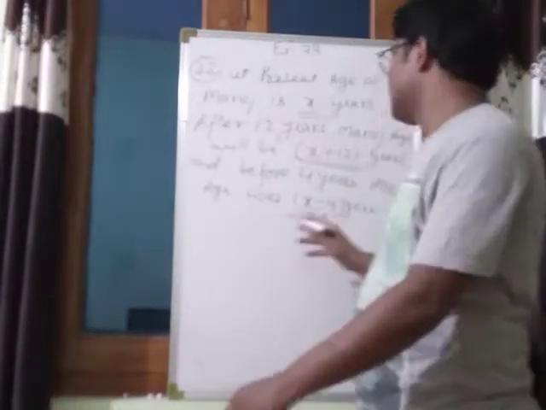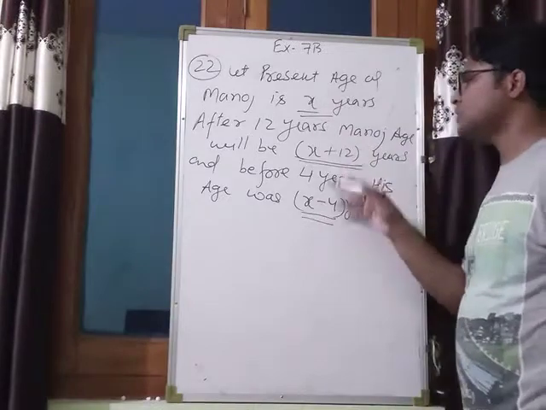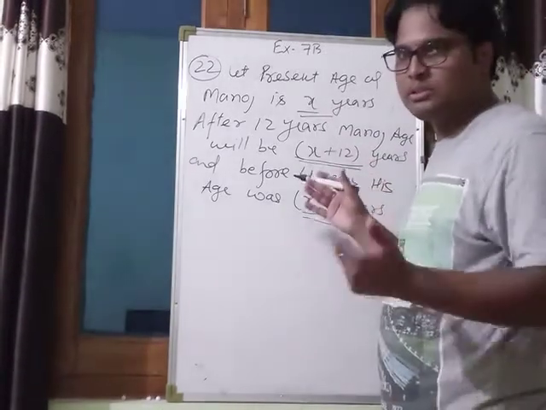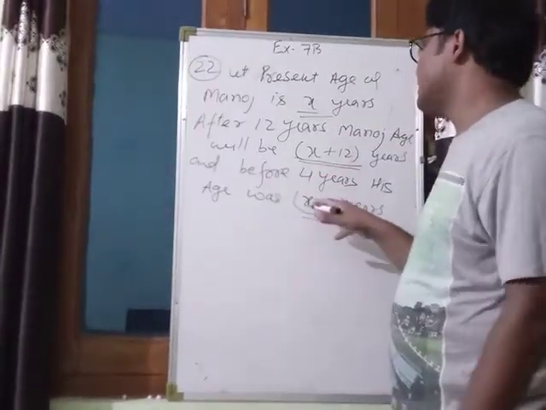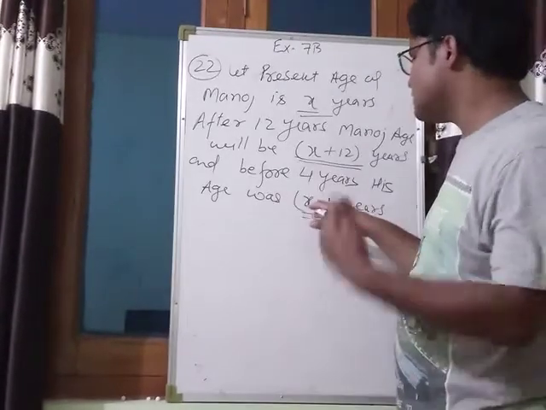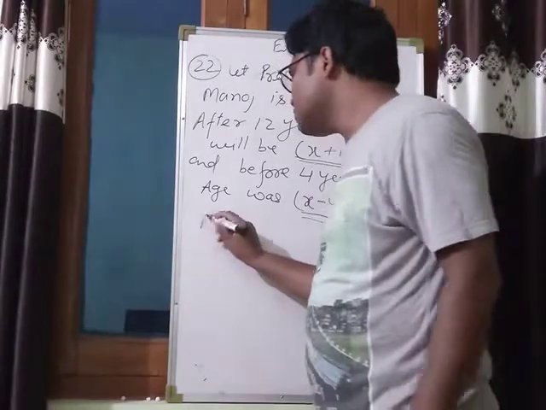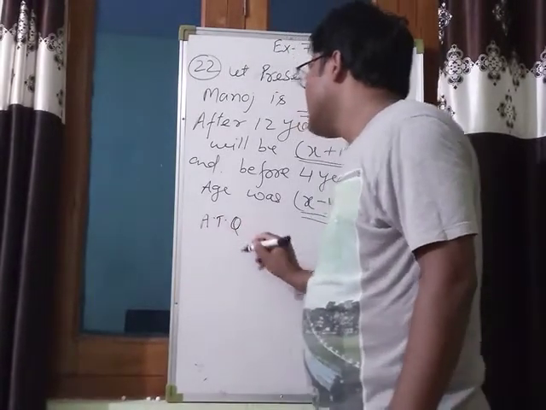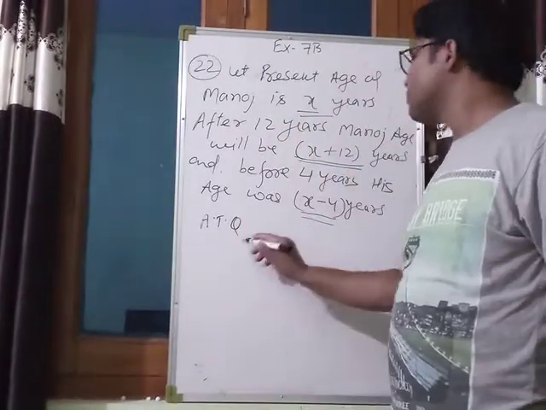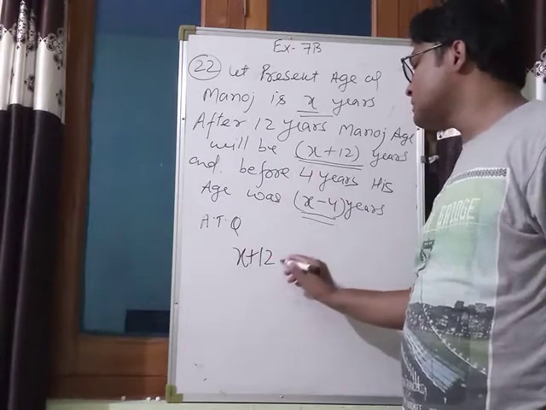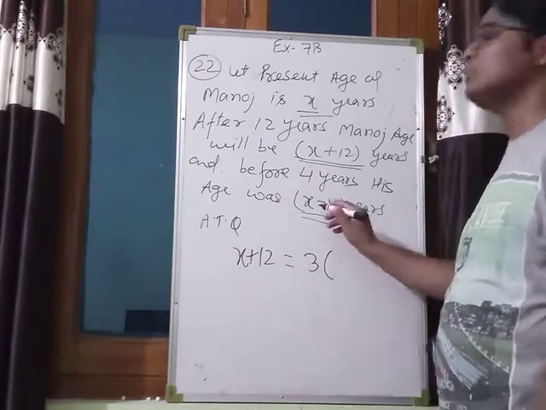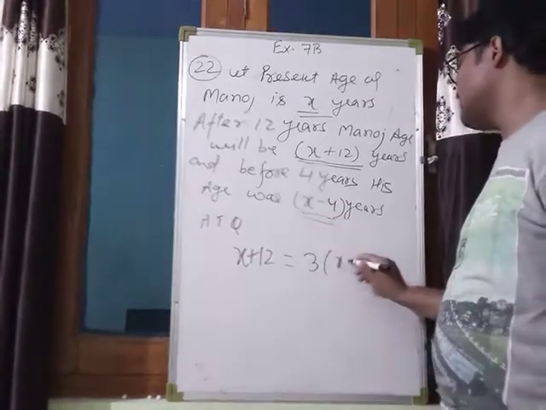Okay, so present age of Manoj is X. After 12 years his age is X plus 12, and 4 years ago his age was X minus 4. According to the question, after 12 years Manoj's age will be 3 times his age 4 years ago, X minus 4.